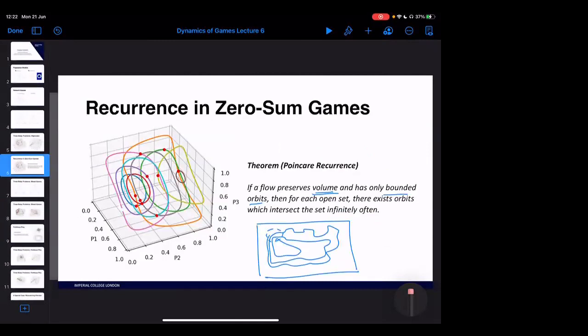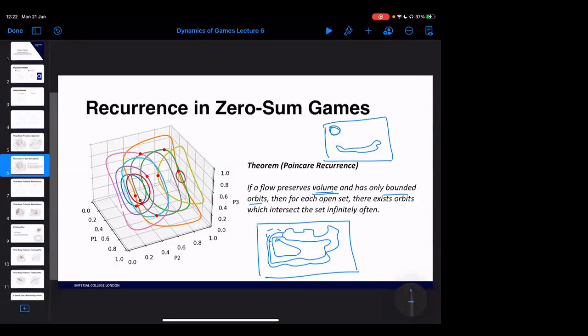Volume preserving. And what that essentially means is that if I take a set of initial conditions and I follow it along in its trajectory through a replicator, the set of initial conditions can end up looking something really weird, but the volume of both of these sets will always remain constant. Okay, that's the idea of volume preservation. And it turns out that Hamiltonian systems always preserve volume, right?